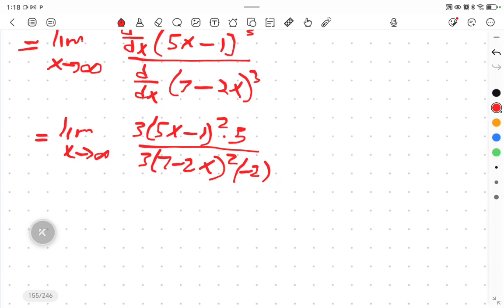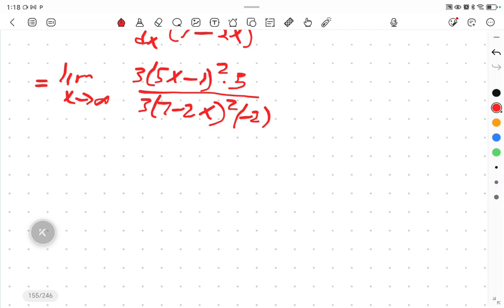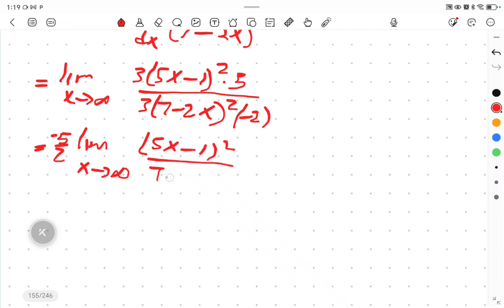So if we check, the 3 will cancel out, then we can take out minus 5 over 2. We have the limit as x approaches infinity of 5x minus 1 squared all over 7 minus 2x squared. Then if I check the form here again, the form is infinity over infinity. So I can just derive again.